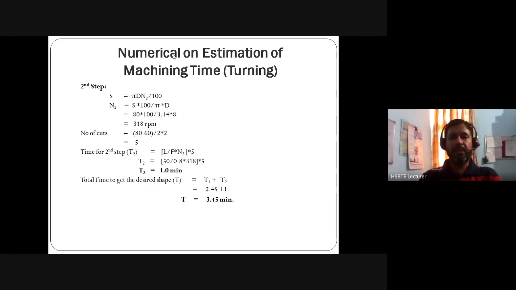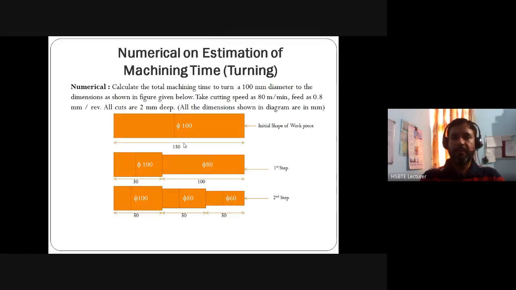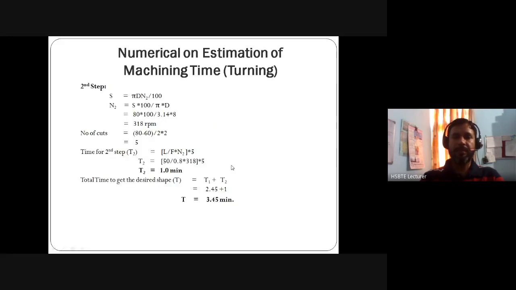L is given as 50 in this case, whereas in the first step L is equal to 100. L is 50, F is 0.8, and N2 we have calculated above as 318, into 5. Then find out the value of T2 for the second step.